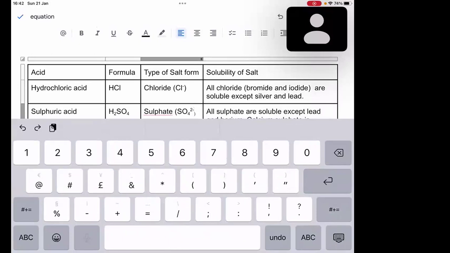Give me a quick minute. Here, export, copy link. So I'm sharing this. All right, so we should have that in the WhatsApp group. Ready?